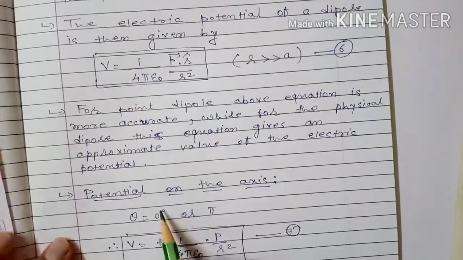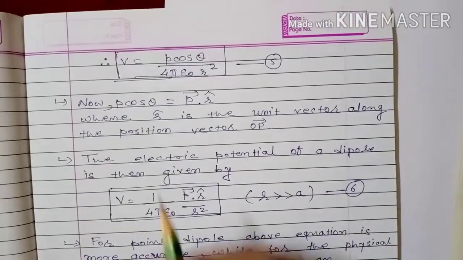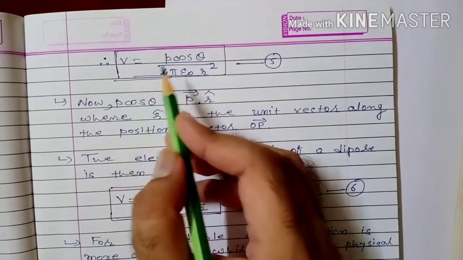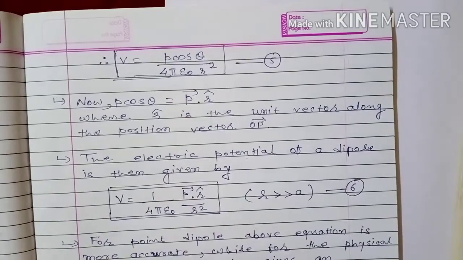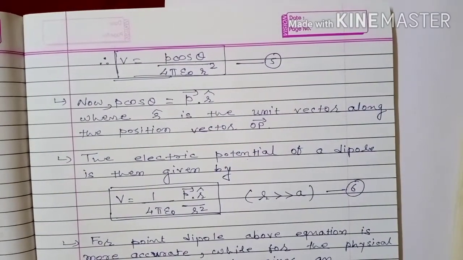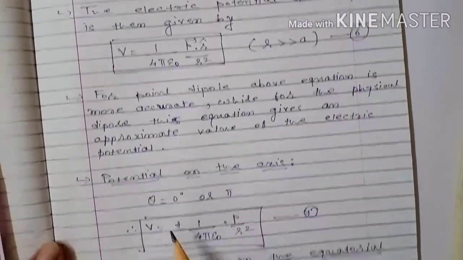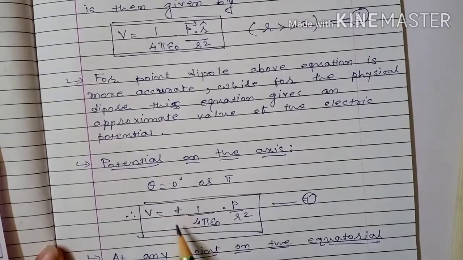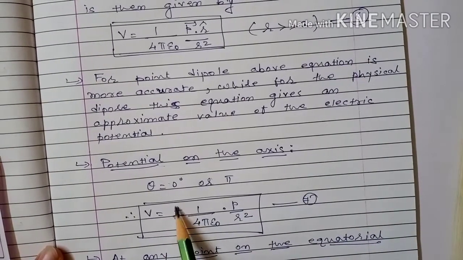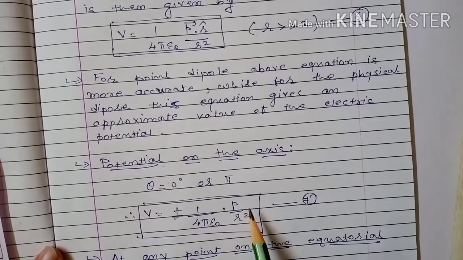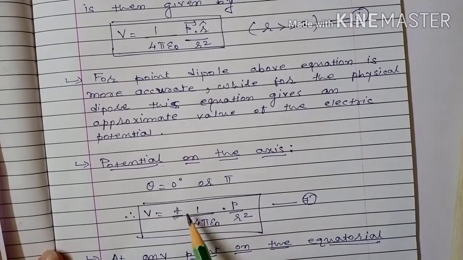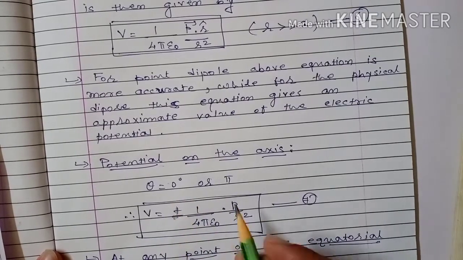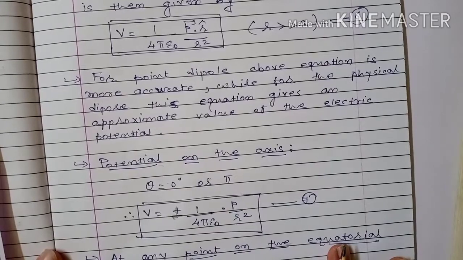So if we take theta equal to pi, then from equation number 5, V is equal to P cos pi upon 4 pi epsilon naught into r square, but the value of cos pi is minus 1. So equation 5 can be written as V is equal to minus 1 upon 4 pi epsilon naught into p upon r square. Equation number 7. When theta is equal to 0 degree, this potential will be positive. When theta is equal to pi, this potential will be negative.